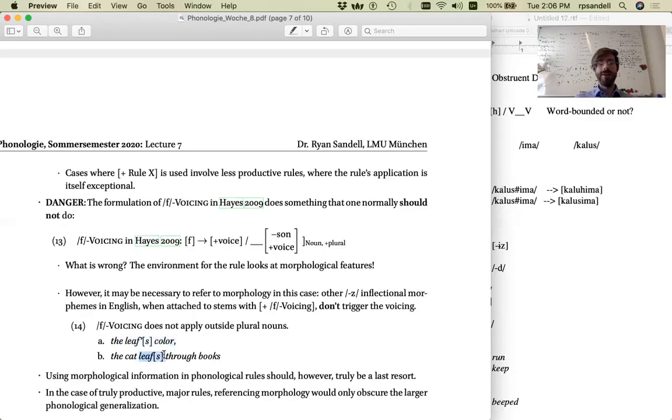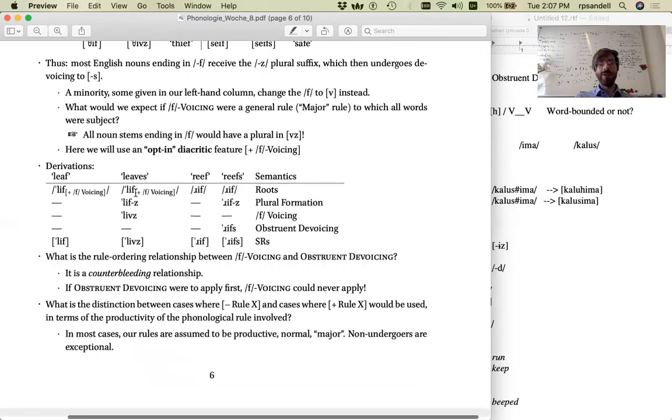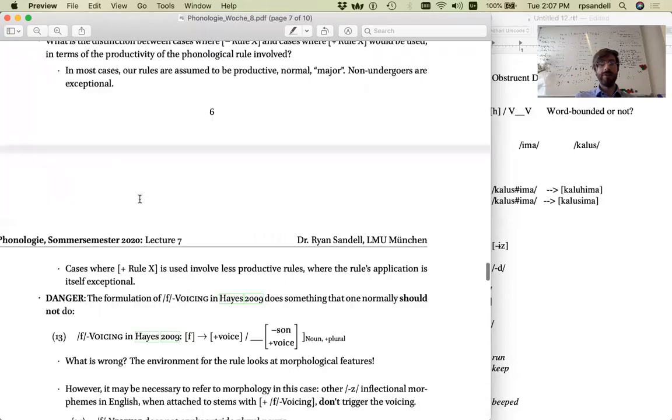And if we make a denominal verb in the third person singular present, I would say the cat leafs through the book. The cat turns the pages of the book. Again, the suffix would be voiceless in that case. So it does seem to be the case that F voicing only applies to certain stems and only in the formation of noun plurals and not in other morphosyntactic contexts.